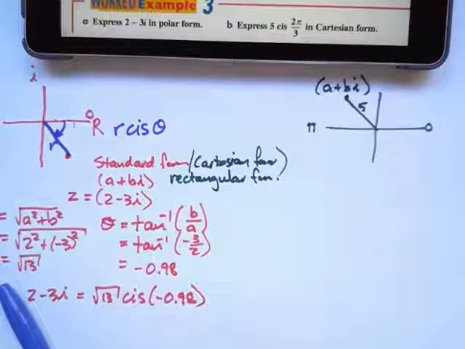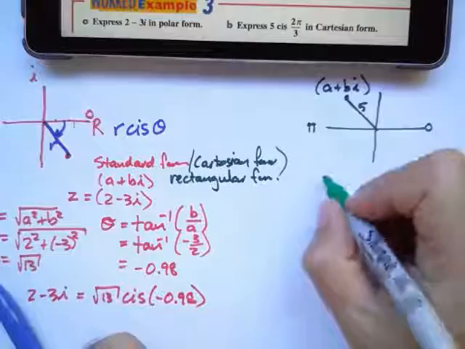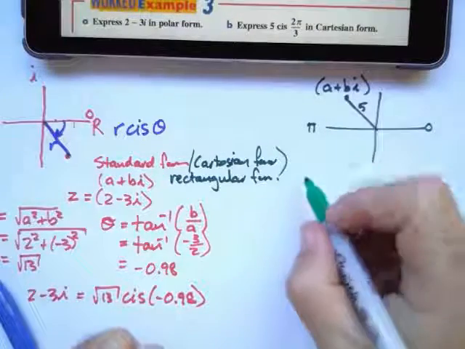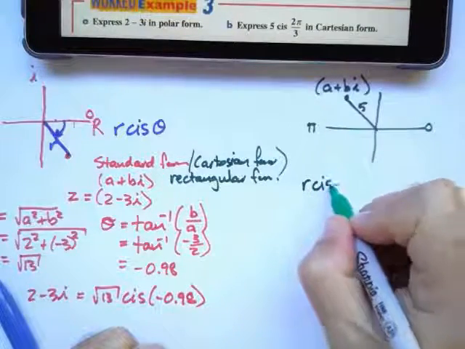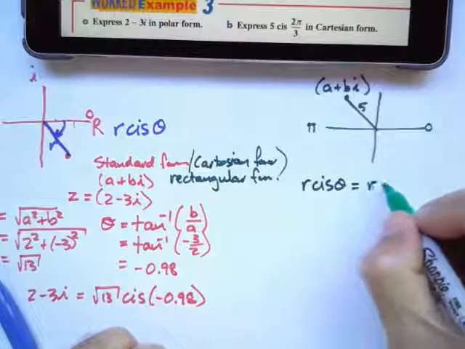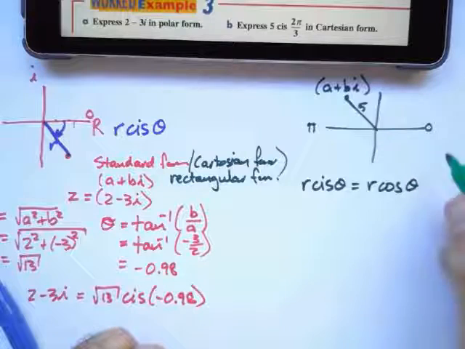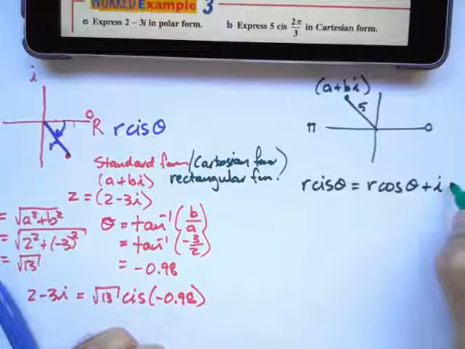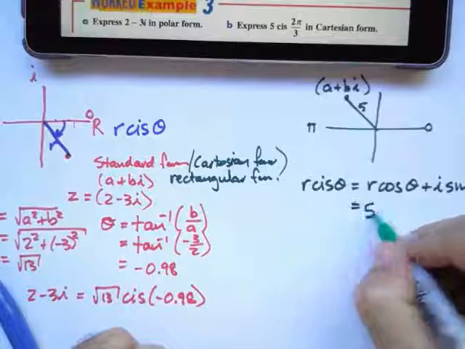So to do that, I'm going to use the form of r cis theta. Now I know that r cis theta equals r cos theta plus i sin theta. I know that r is 5.